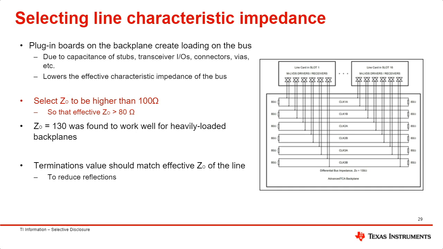So it is recommended to select a characteristic impedance that's actually greater than 100 ohms, so that the effective characteristic impedance remains over 80 ohms. In the instance on the right-hand side, the characteristic impedance of this loaded backplane is 130 ohms, but the effective characteristic impedance is 80 ohms, and that's why the termination resistors are selected to be 80.